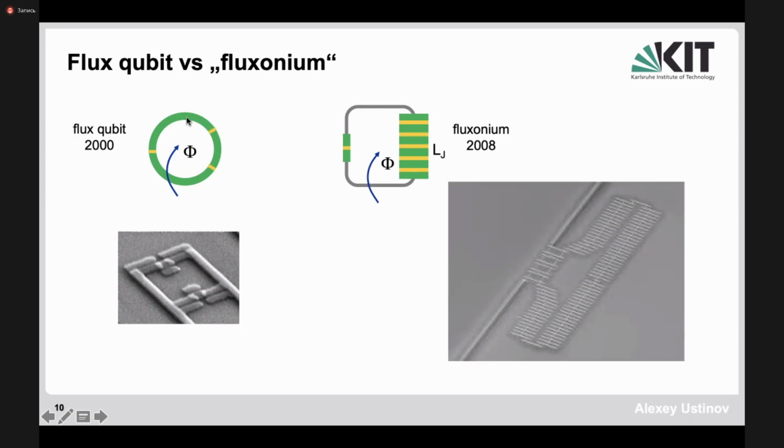Now, this is a generic device, but nothing really prevents making here not 2 junctions, but maybe 3 junctions or even more. And going from this device to Fluxonium is simply making the number of junctions on the right, which determine the kinetic inductance or Josephson inductance of the loop, rather high. It can be tens and even hundreds of those junctions.